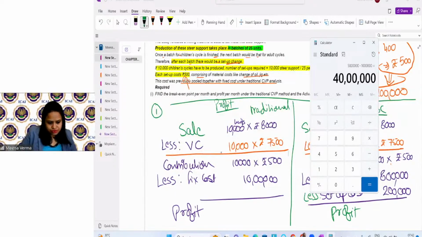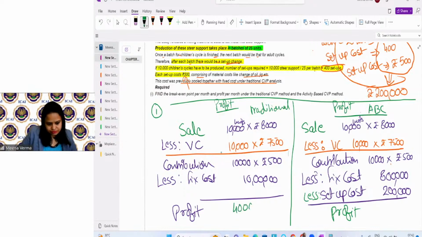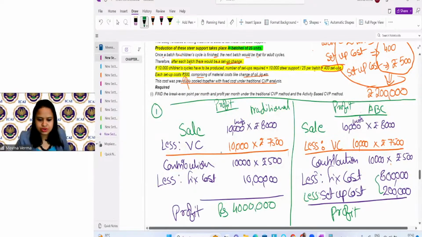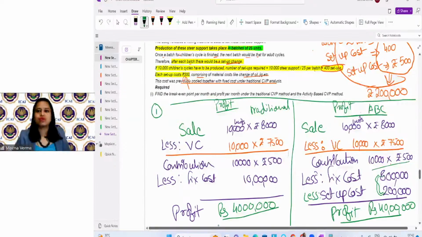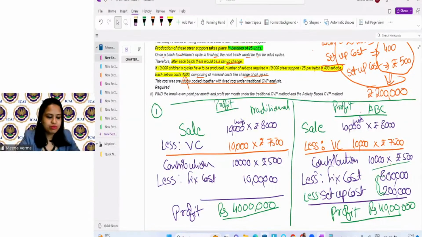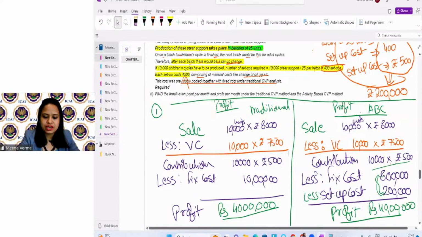So here the profit is 40 lakh. Okay, now let's see in this case, what is the profit? You can see 8 plus 2 is 10 lakh. And if you multiply them, you will get 40 lakh. So you can see in both the cases, the profit is 40 lakh.